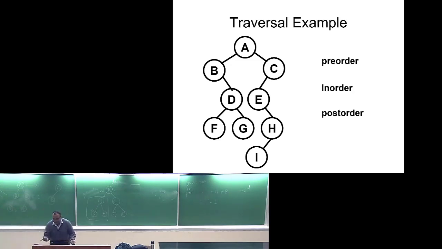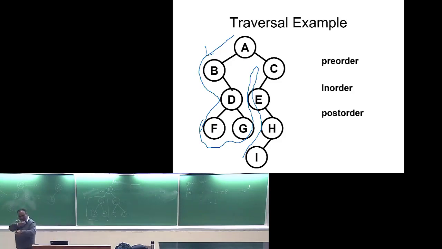In exam, right, use your pencil and trace like this: A, B, D, F, G, and then go in C, E, H, I. That's the pre-order traversal. For pre-order traversal, simply trace through it, right?